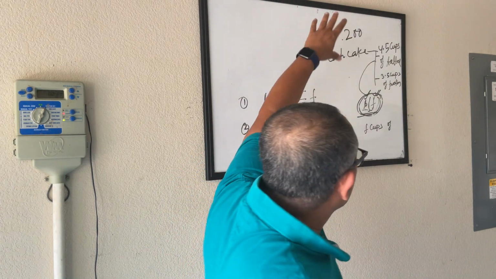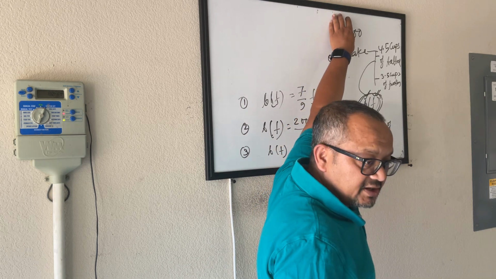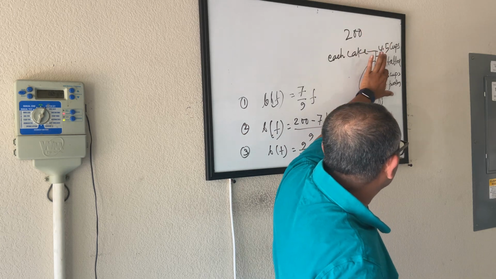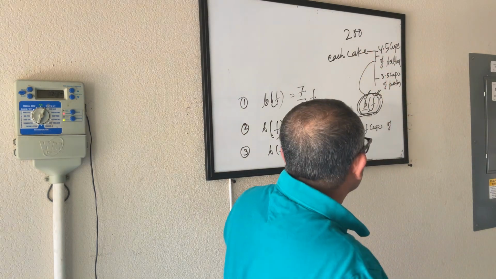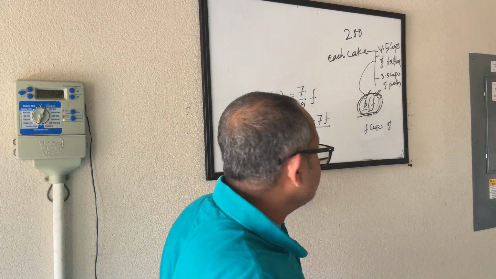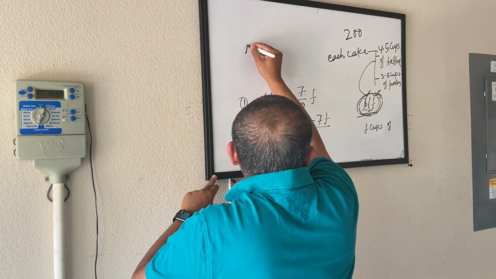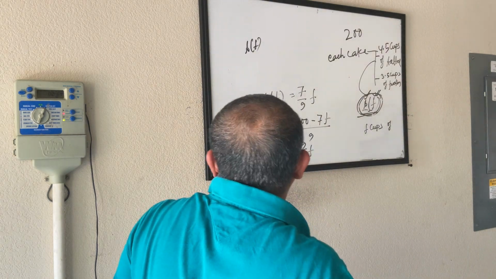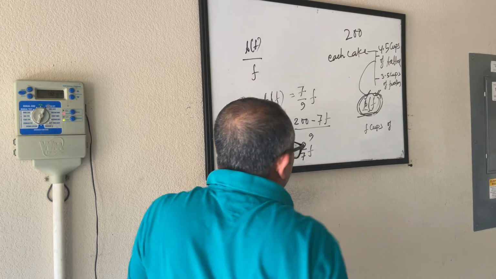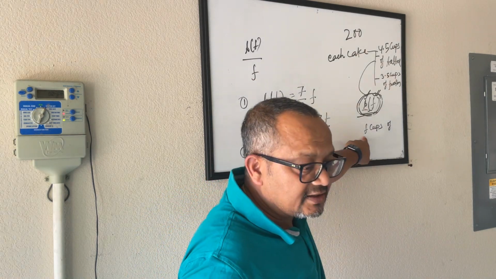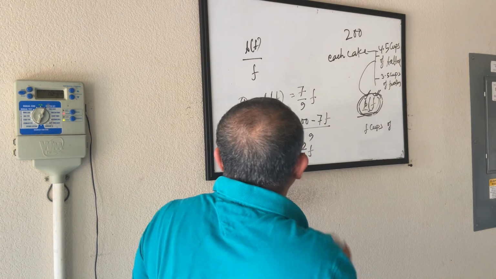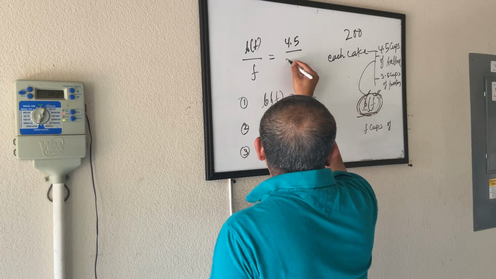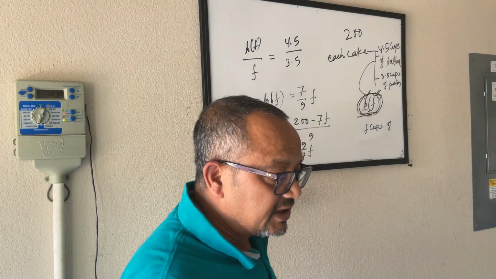Here, this is the option. This says 200 cakes are made and every cake takes 4.5 cups of batter and 3.5 cups of frosting. Let's say I just want to find out the ratio between these two. B of F is nothing but the number of cups of batter divided by the number of cups of frosting. If I put that for every cake, what do I get? 4.5 divided by 3.5. Is this correct?